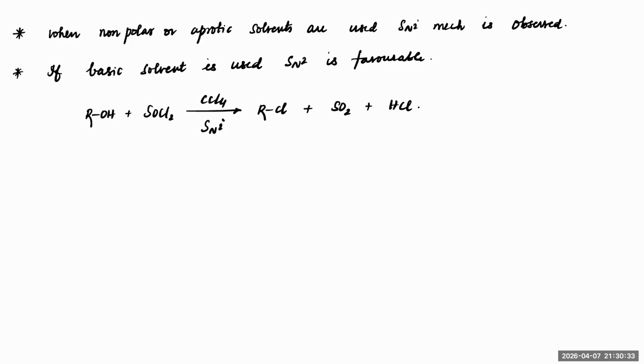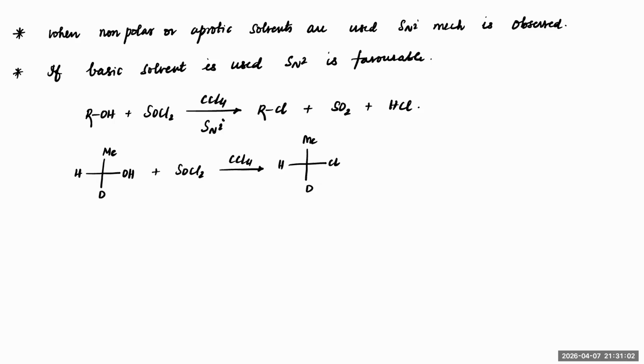Basically SNi, with an example, if I have to show you, suppose I have a methyl, hydrogen, deuterium, and OH, and then I'm treating that with SOCl2 in the presence of either ether or CCl4. Got it? In that case, the major product will be, removing that OH and replacing it with chlorine at the same position.